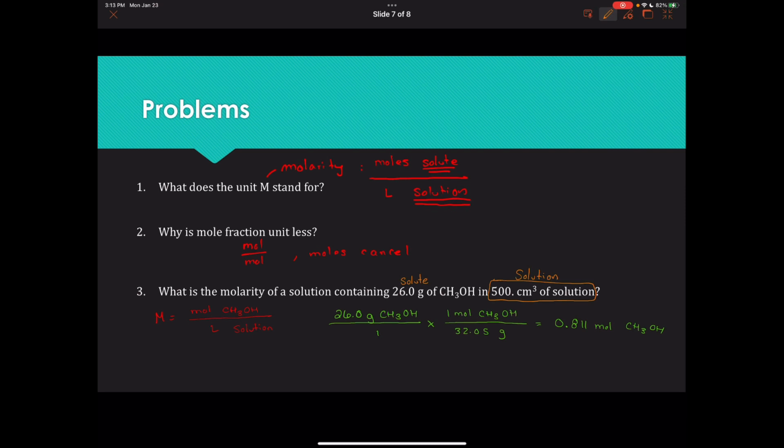Now, the other portion we need to calculate that molarity is the volume of our solution. We've got 500 centimeters cubed. We've got to remember that a centimeter cubed is a milliliter. So 500 centimeters cubed is 500 milliliters.